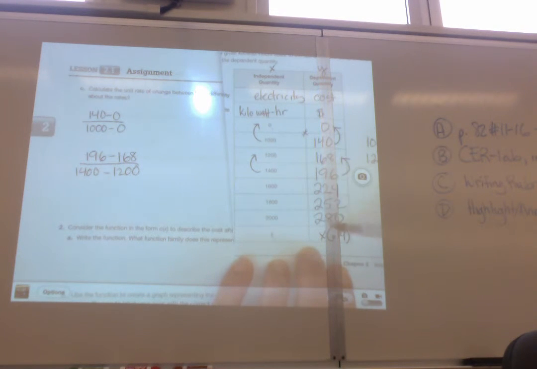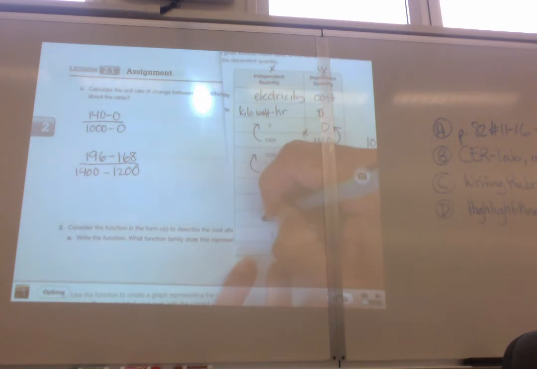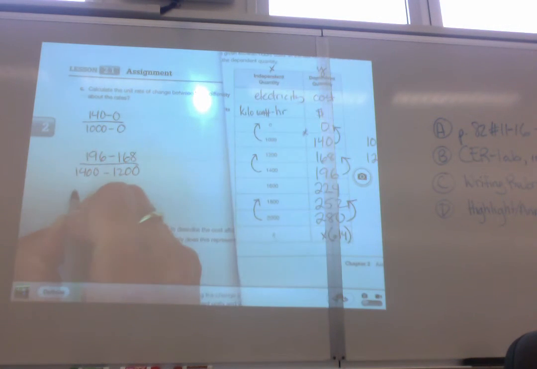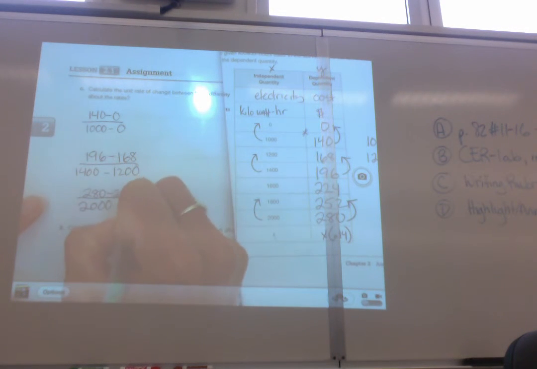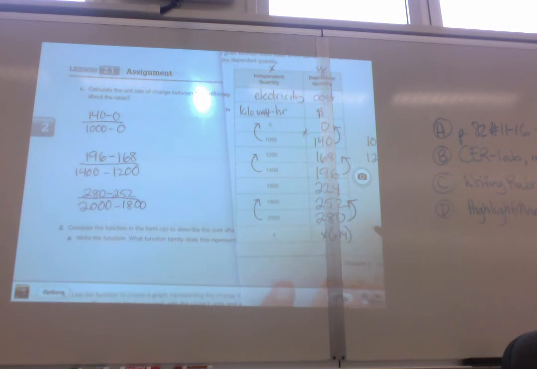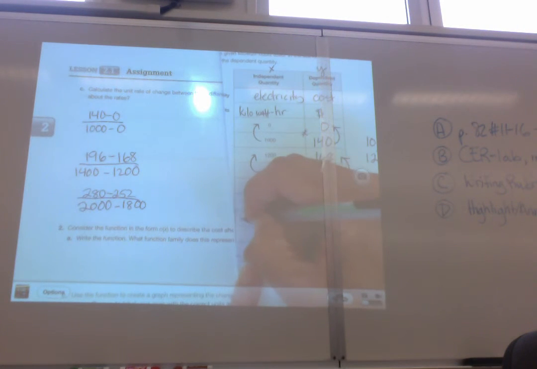I've got to pick 2 more. I'm going to go all the way to the bottom and compare that one and that one, and this one and this one. So 280 minus 252 over 2,000 minus 1800. Always you're looking at y2 subtracting y1 and x2 subtracting x1.